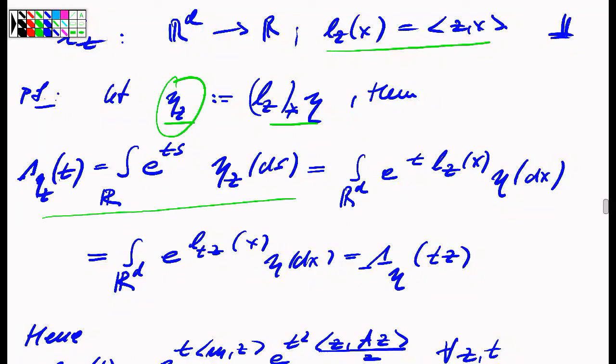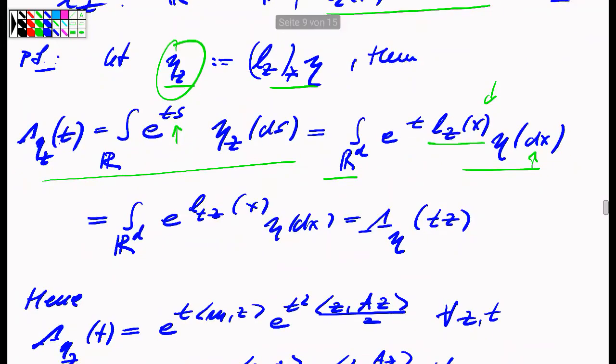So we write the Laplace transform of this measure eta_z. Since eta_z is obtained as the image under the linear projection map, we can apply the general chain rule formula for integrals and write this as an integral with respect to the initial measure, where in the exterior function the variable s has to be replaced by the function which produces the image measure. This is just the general chain rule.